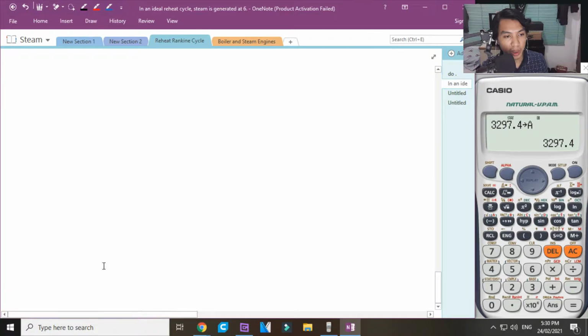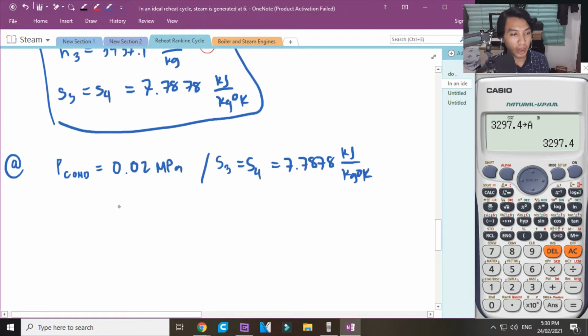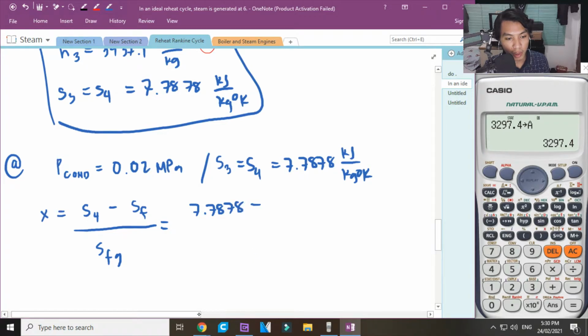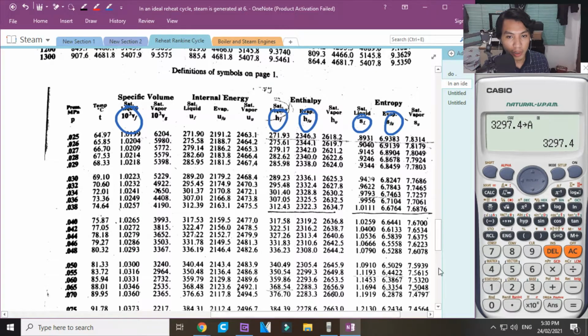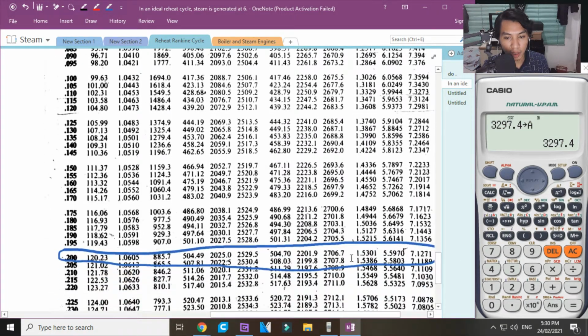So, go na tayo dito. Hanapin natin to. Si X equal to S4 minus SF over SFG. Mahanap natin yung quality. S4 is 7.7878 minus SF and SFG. Check natin. SF and SFG dun sa linyang yon, magkatabi.